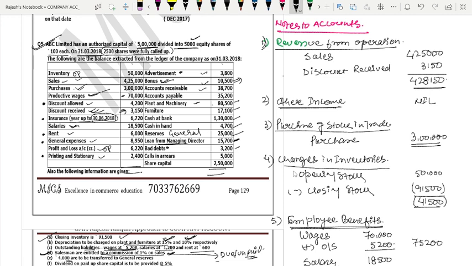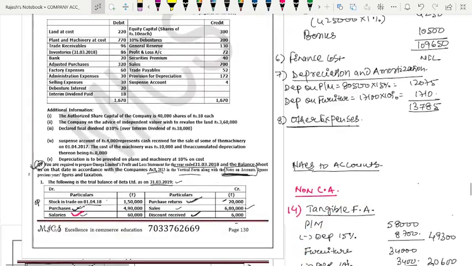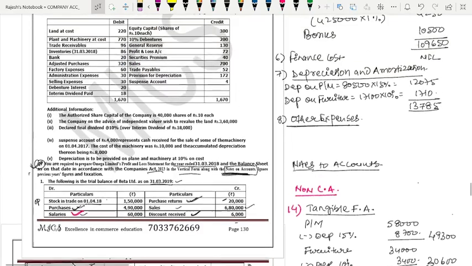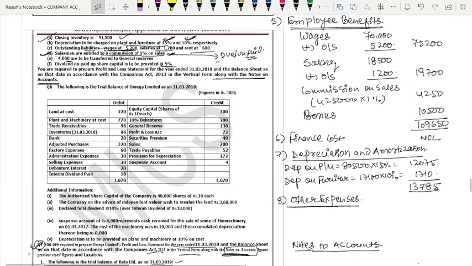All these items will come in. Discount allowed is 4,200.